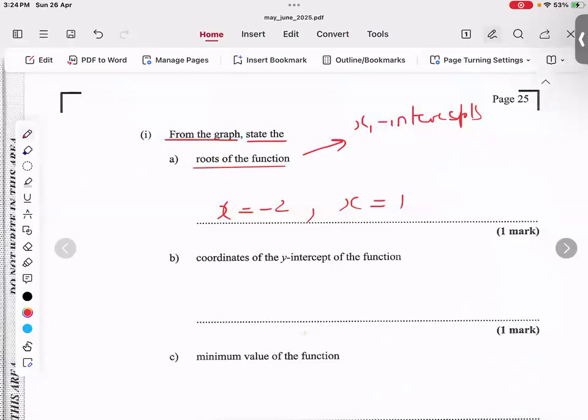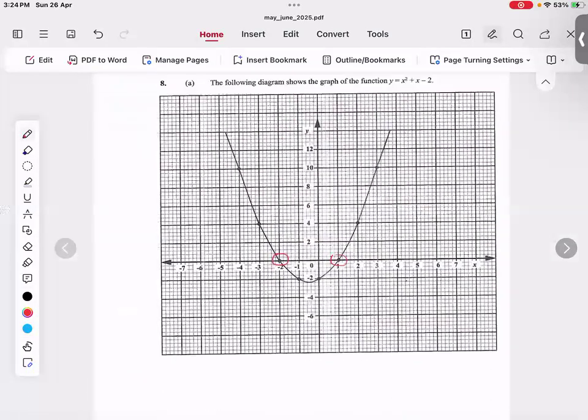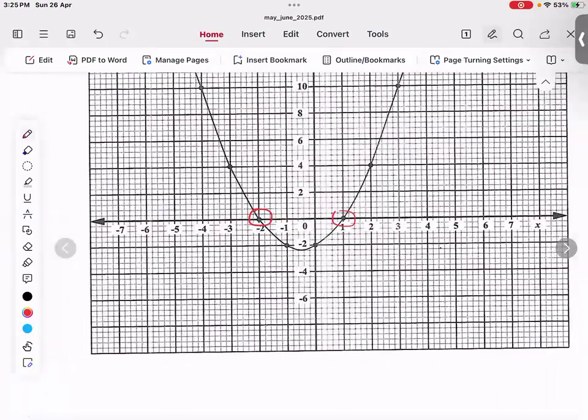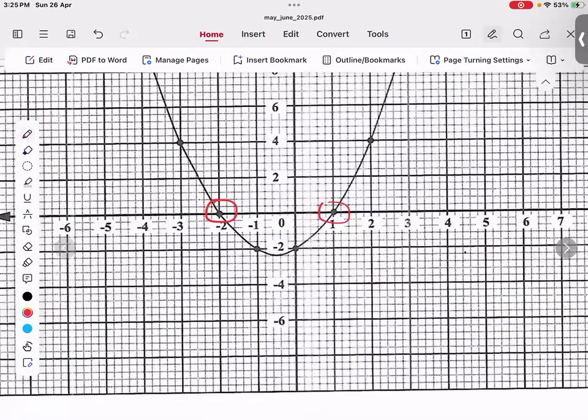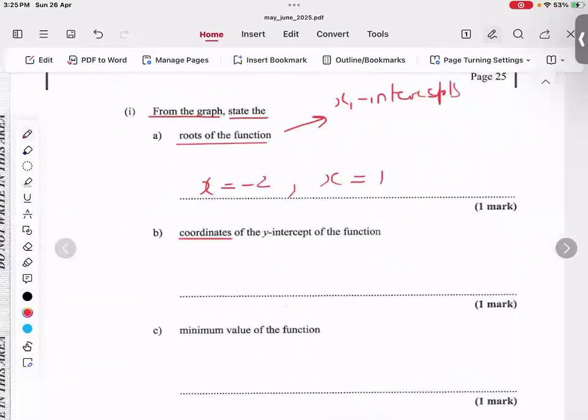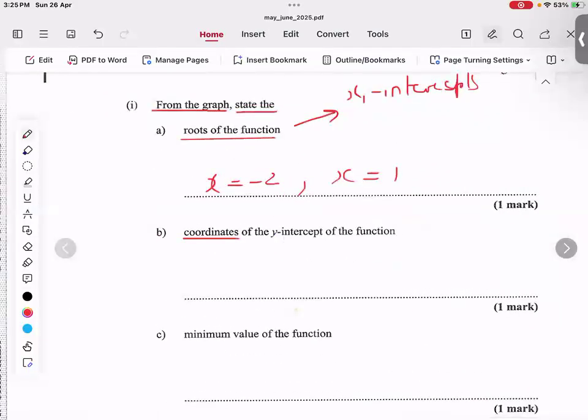All right, it says the coordinates of the y-intercept. Look at the graph. Which number is the curve going through on the y-axis? -2. But we want the coordinates. So what would be the coordinate? 0 and -2. Correct. So 0, -2.